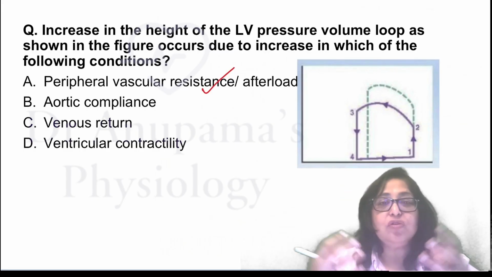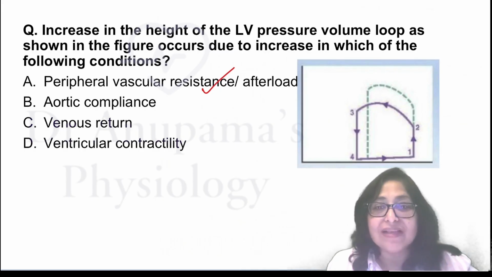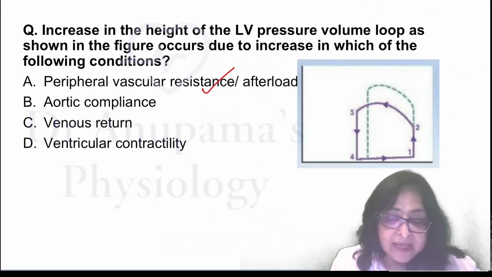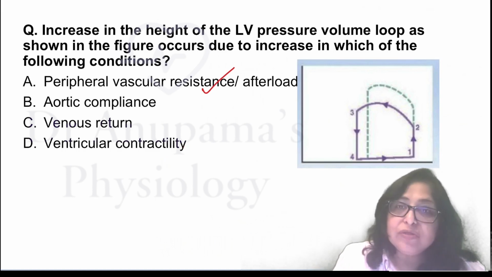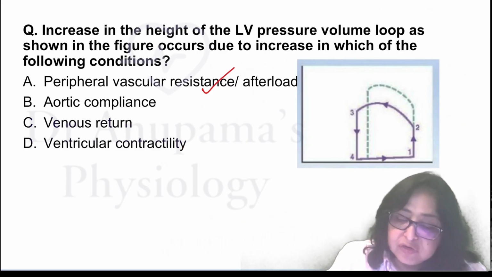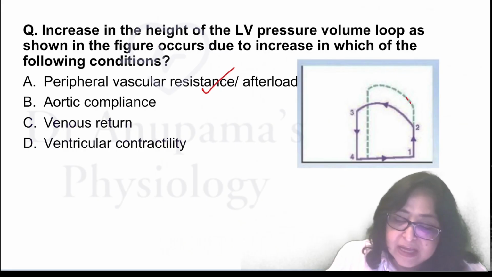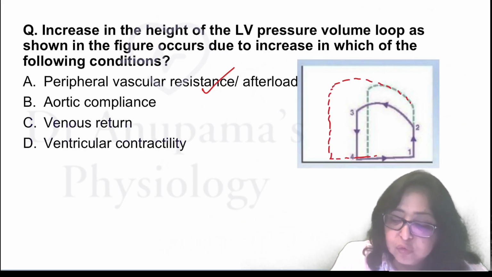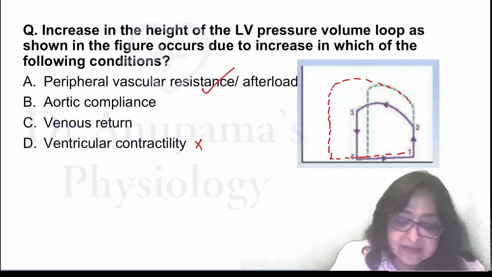Afterload for the heart is the total peripheral resistance, or also known as the peripheral vascular resistance. If there is an increase in the ventricular contractility, what is going to happen? Increase in ventricular contractility will increase the height of the loop, without a doubt. It will also cause an increase in the width of the loop, increasing the stroke volume. So this is not the answer.